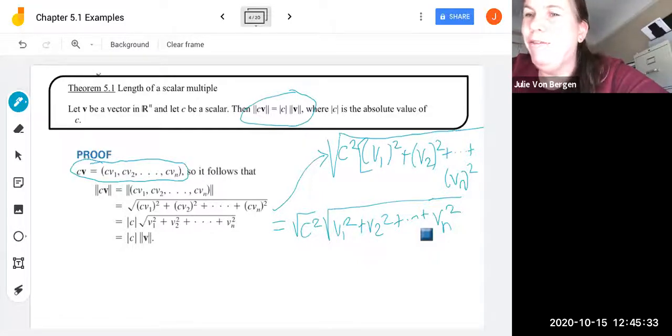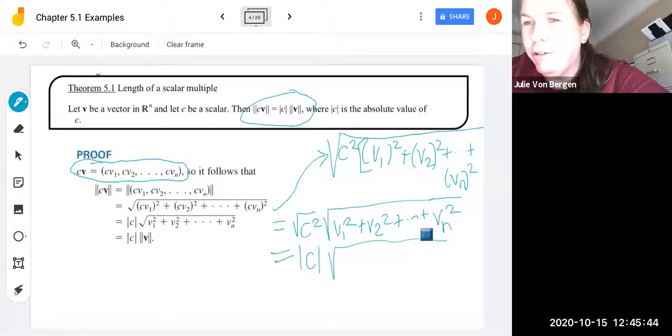But we can factor out the square root of c squared. So that's just going to be the absolute value of c, because whatever c was, it's the positive version of that, because we squared it and then square rooted.